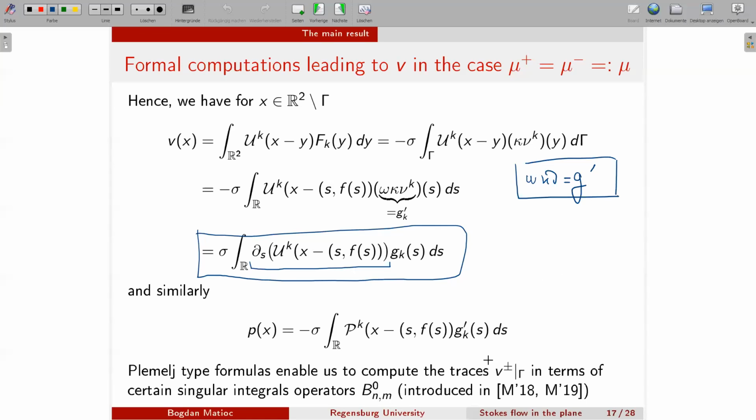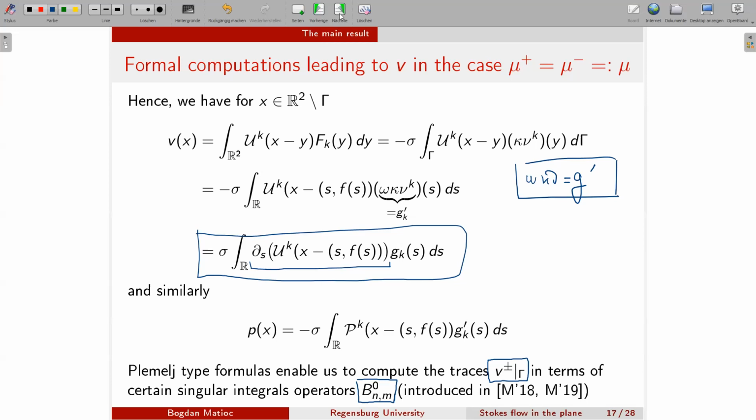And remember, we need the trace of V plus minus on gamma in the kinematic boundary condition. And this trace can be determined by using Plemelj formula. And it can be expressed in terms of certain singular integral operators, B_n,m, which were introduced by me in two papers in the context of the Muskat problem. And I will come a bit later back to what these operators are.